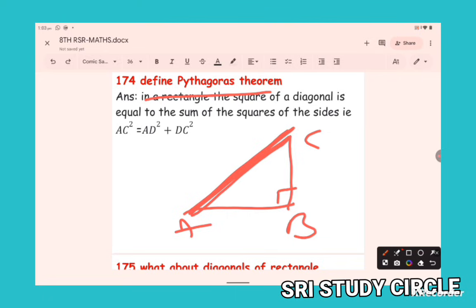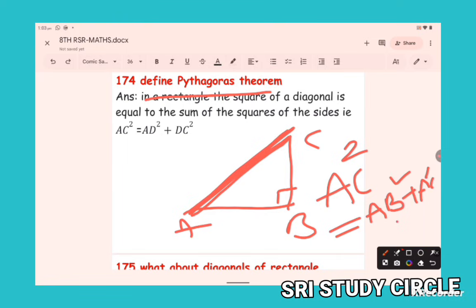In a right angle triangle, according to the Pythagoras theorem, what do we know here? In a right angle triangle, the square of the hypotenuse, that is AC square, is equal to the sum of squares of the remaining two sides. Sum of squares of the remaining two sides means AB square plus BC square.